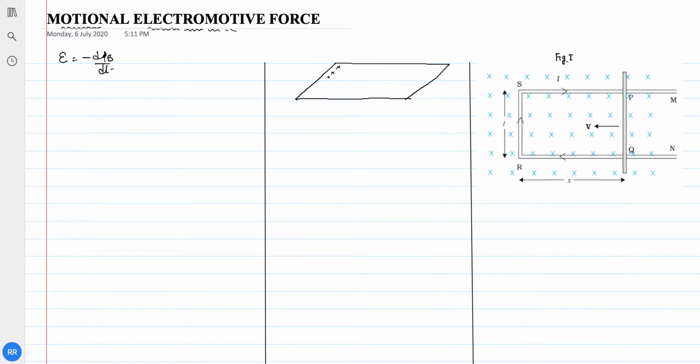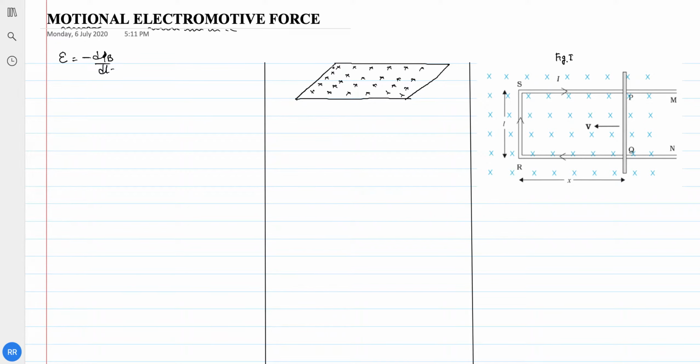So this is the magnetic field. This is the magnetic field, which is uniform and time independent.